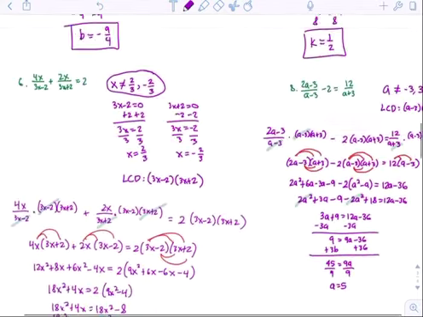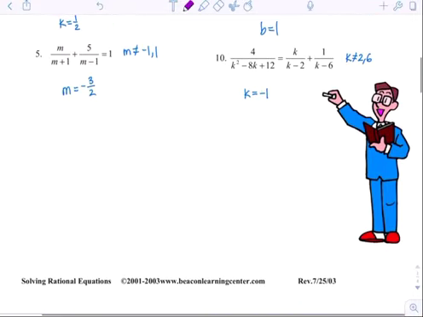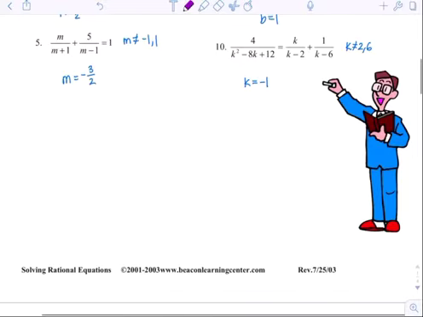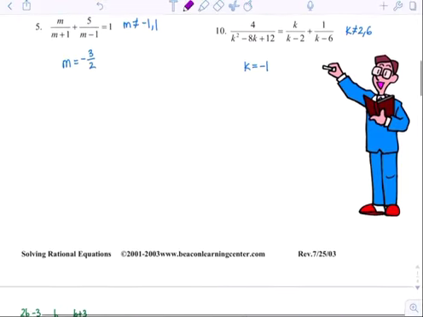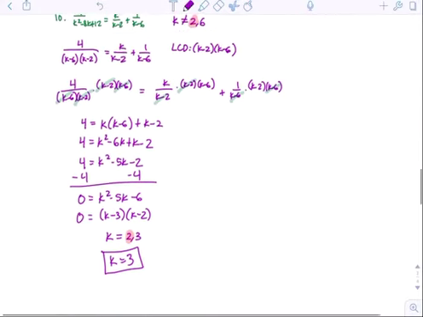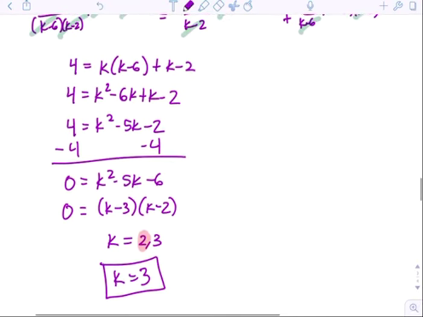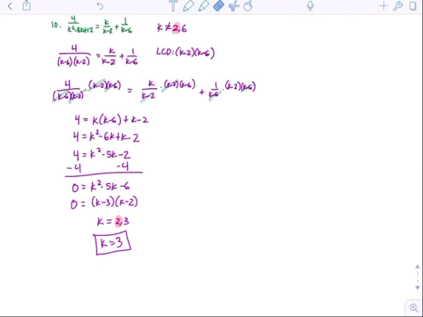And let's see. That's correct. And it is not correct. So that means I made an error. k equals negative 1. Ooh, see, I factored wrong. So, let's retrace. My bad, my bad.